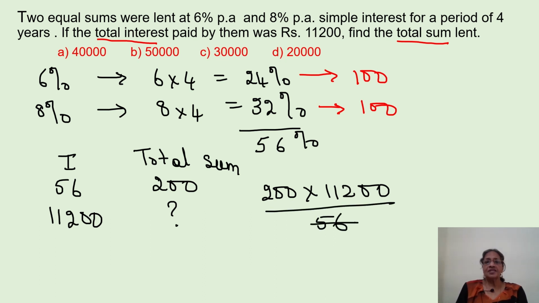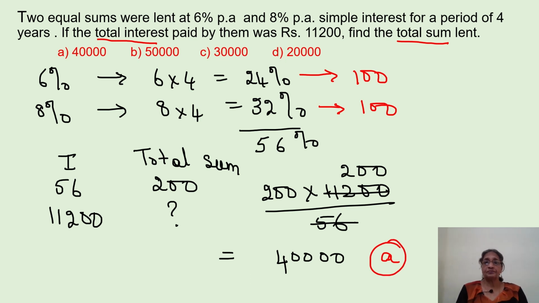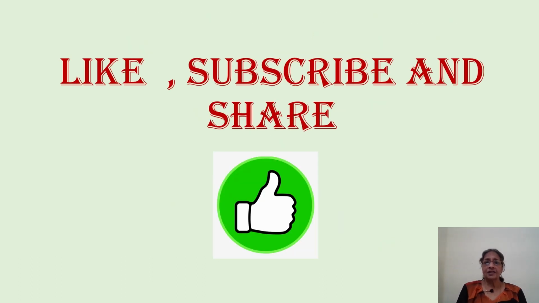Have a look at this 56. It is directly 112 is a multiple. Okay. Now, again, you had 20,000 also as an option. But find the total sum. So, your correct answer is the A option. Okay. Two similar sums I have taken, but again, different.